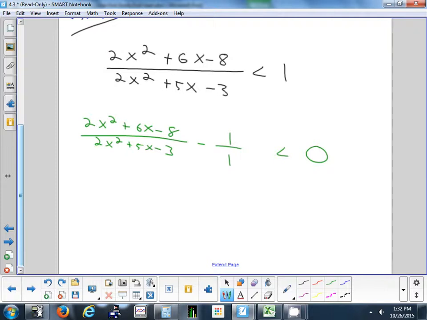Oh, okay, so you have, and this one's a 1, so 2x squared plus 4x minus 2. Yep. So I'm going to multiply top and bottom 2x squared plus 5x minus 3.